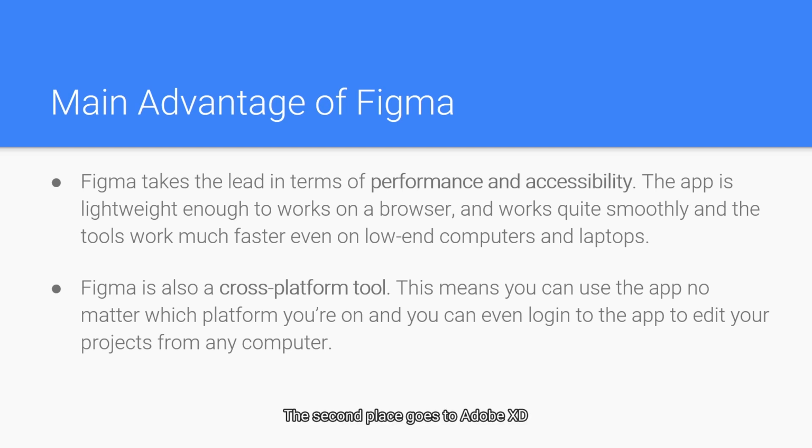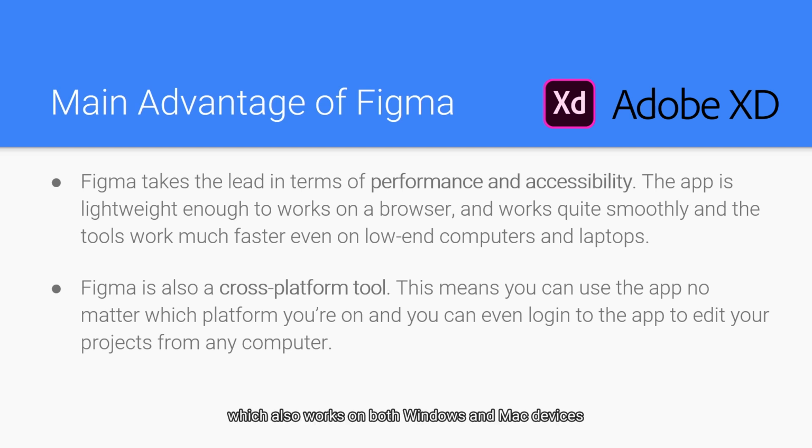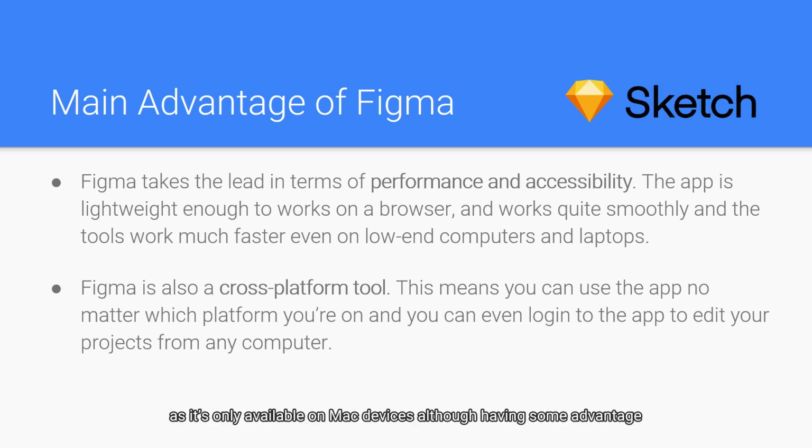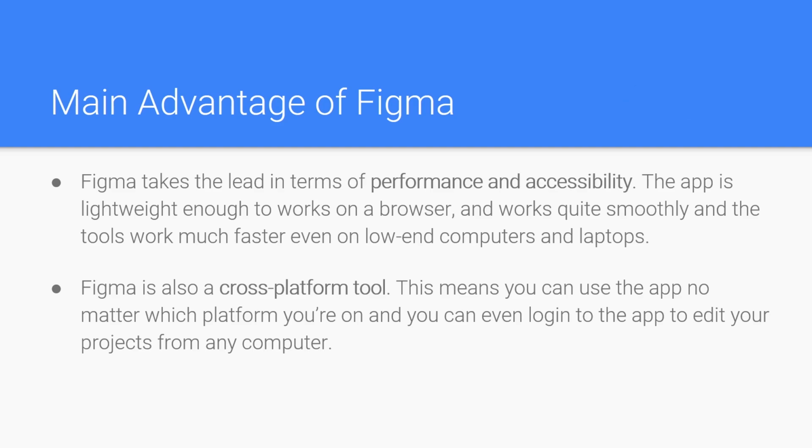The second place goes to Adobe XD, which also works on both Windows and Mac devices. However, you still need to install the software on your computer and sign up for a free Adobe account. And in last place is Sketch, as it's only available on Mac devices, although having some advantages over both Figma and XD.